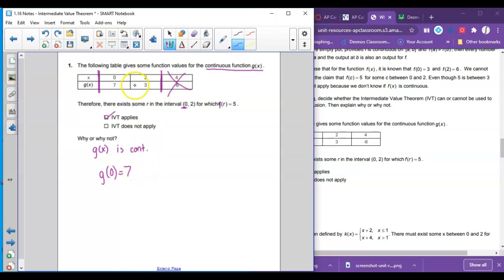Oh, I've messed up here because 3 is less than 7. So I really should write my 3 first. So I'm going to say instead g of 2 equals 3, because I know if I plug in 2 I get 3. That is less than 5, which is less than 7, which of course is our g of 0.